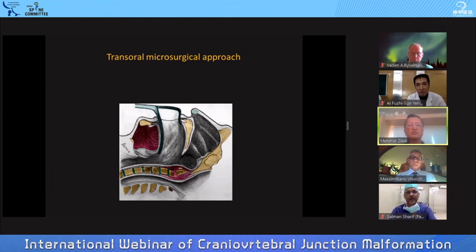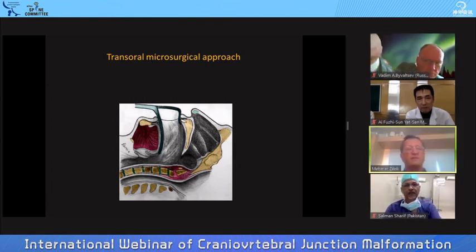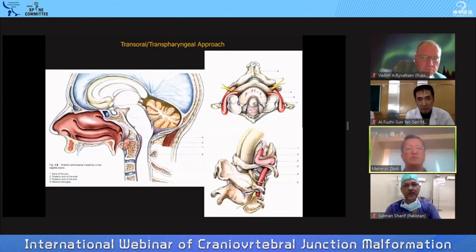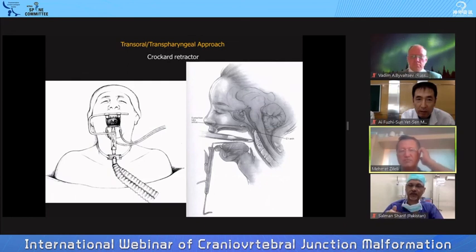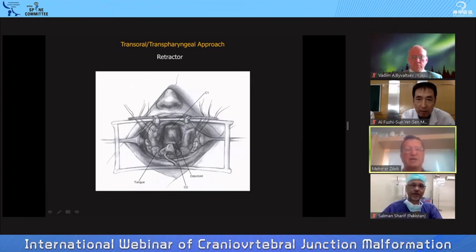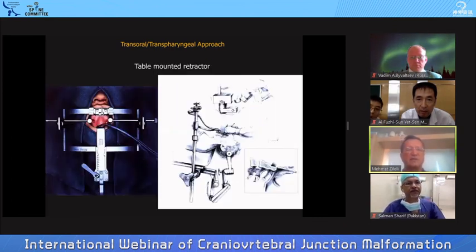The transoral microsurgical approach is the most common one. You go in with a tongue retractor, and the most well-known retractor is from Crockard. But there are some other retractors as well, and also some table-mounted retractor systems.